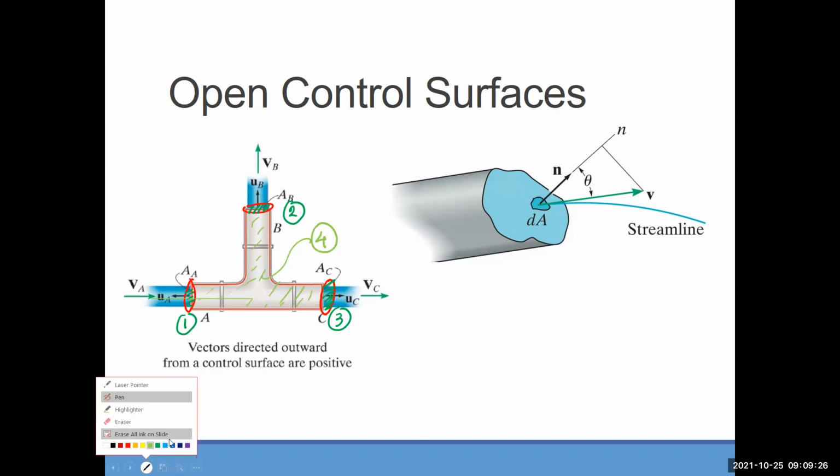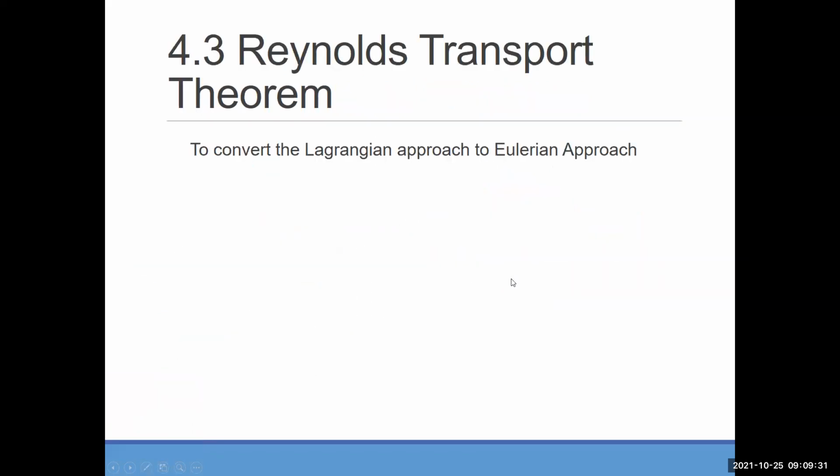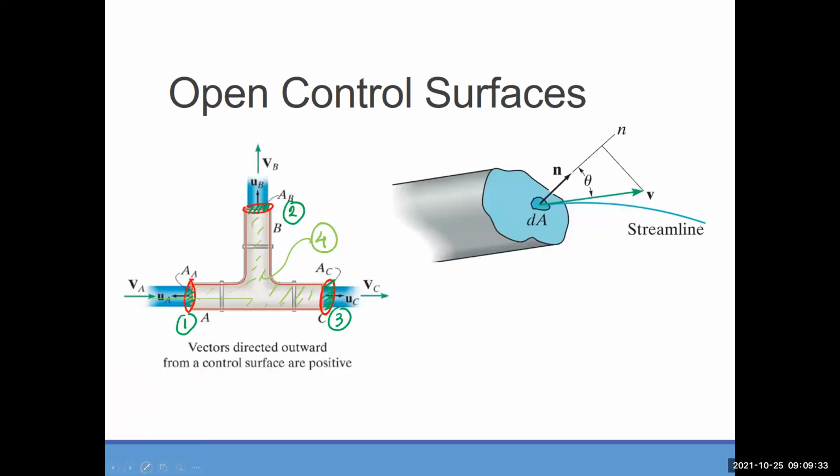We will try to classify these surfaces into two parts, okay? Control surfaces: the first one is open, the second one is closed. I'm saying open control surfaces because through those surfaces you can have some flows.